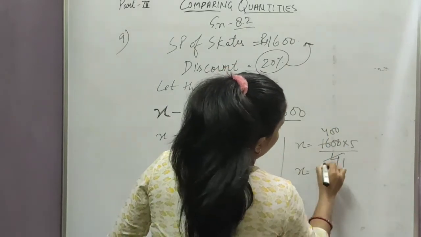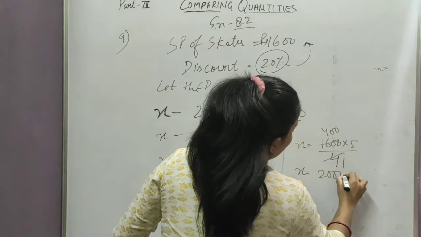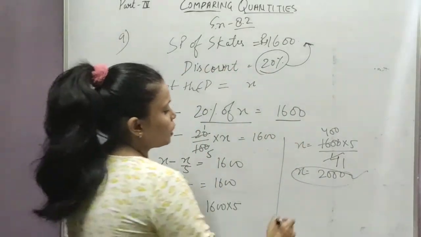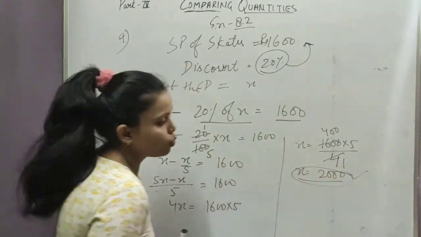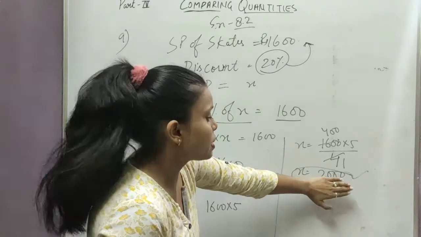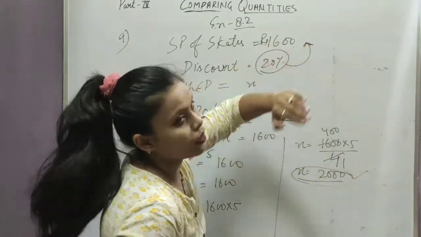So we get X is equal to 2000. Right? So the CP was 2000 and we got the skates at 20% discount, so we have to pay 1600.